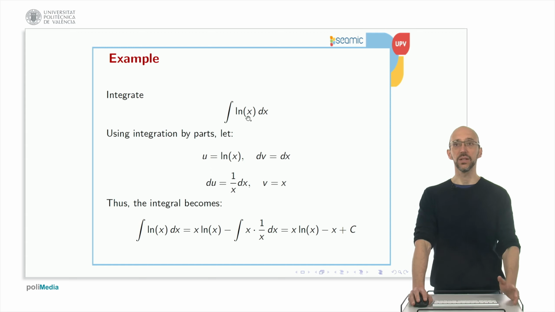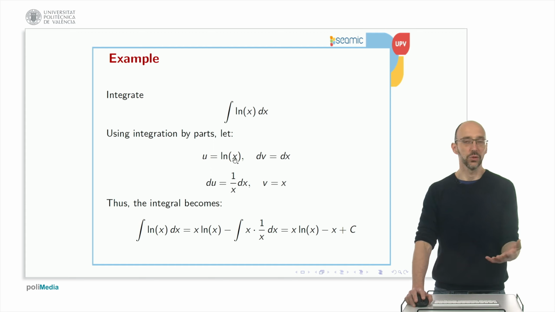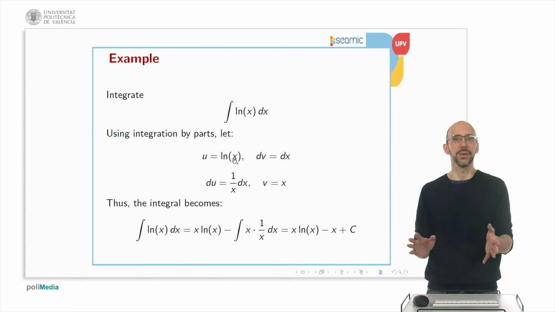Perfect. Which function is going to be u and which function is going to be dv? This is your choice, but if you choose incorrectly, you are never going to reach any point. In this case, if you choose the other way around, if you choose that 1 is u, then the derivative of u is going to be 0, so this doesn't make sense.